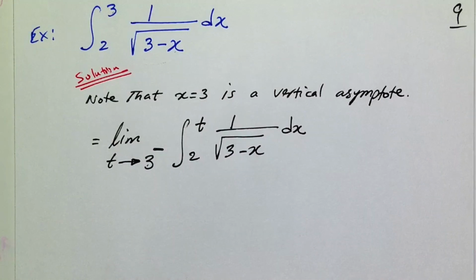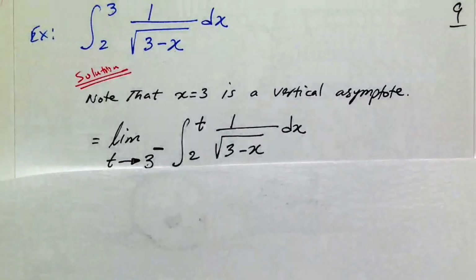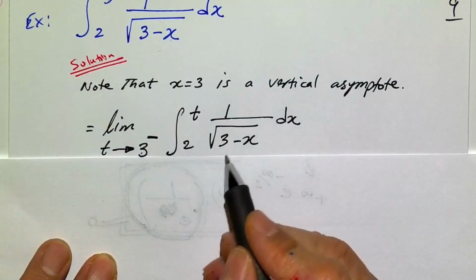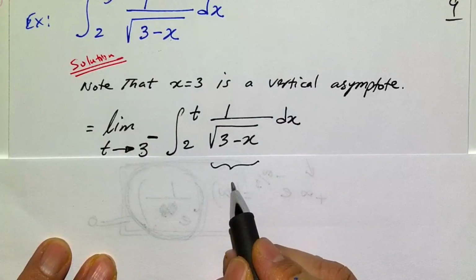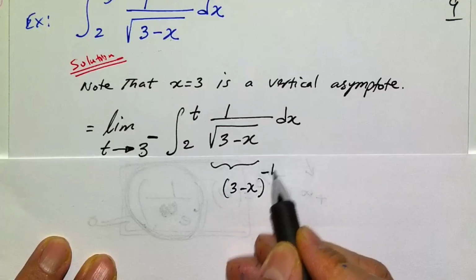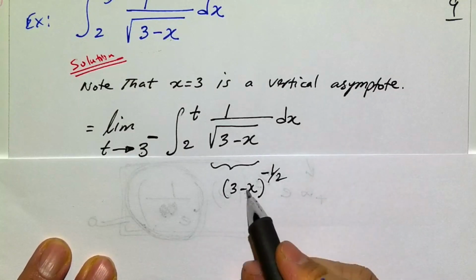Okay, so this is once again an integral we can evaluate. I'm going to do it on a piece of scratch paper here. That integrand you can write as 3 minus x to the minus 1/2 power, right? Notice by the chain rule we have to deal with the minus 1 here.